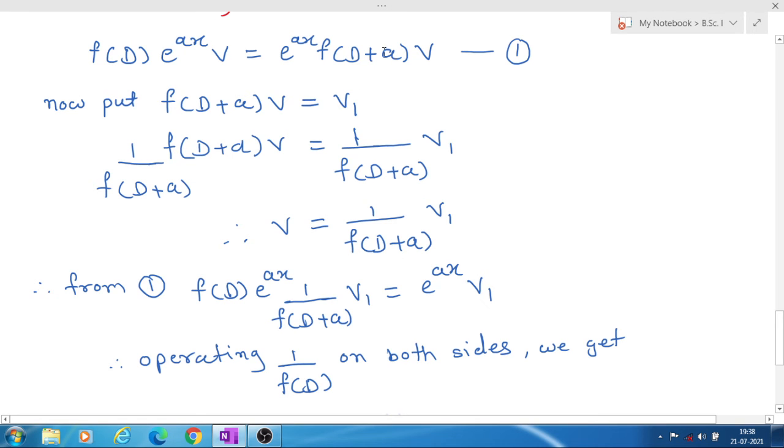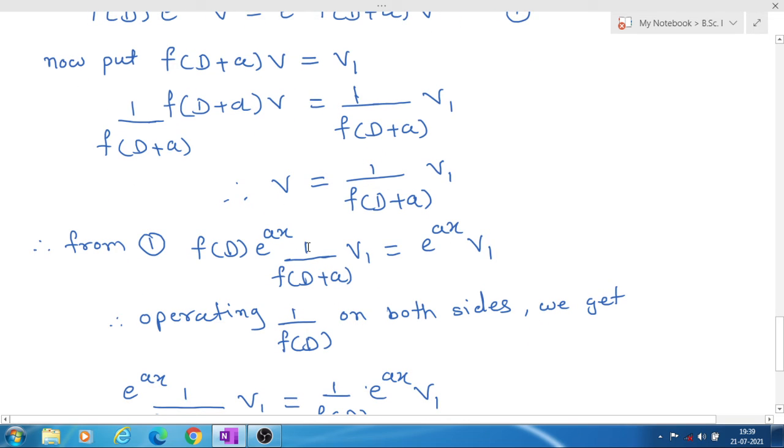Substitute for this f of (D plus a) into v by v1. From this we can get the value of v. If we operate 1 upon f(D plus a) on both sides, then f(D plus a) and 1 upon f(D plus a) get cancelled, and only v remains. So v is equal to 1 upon f(D plus a) into v1.